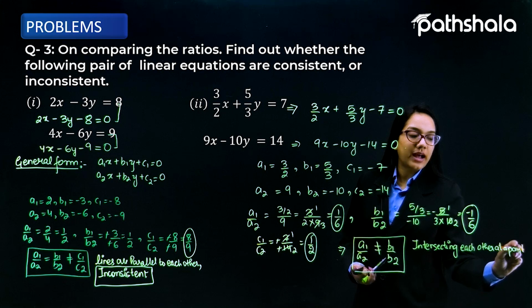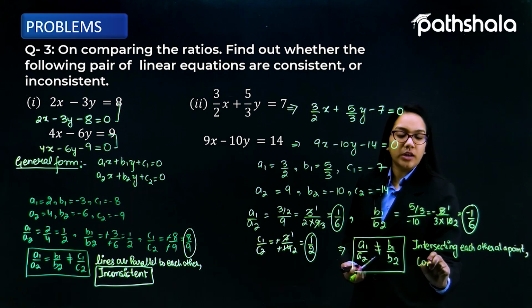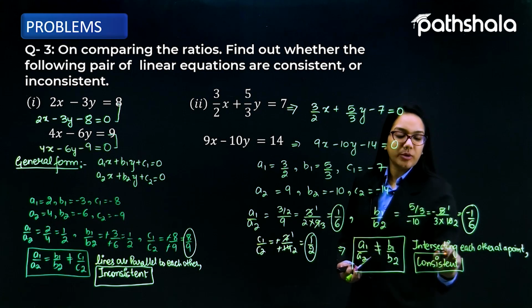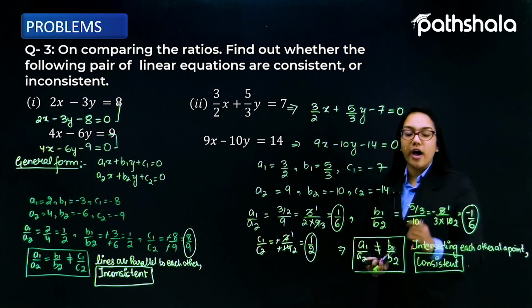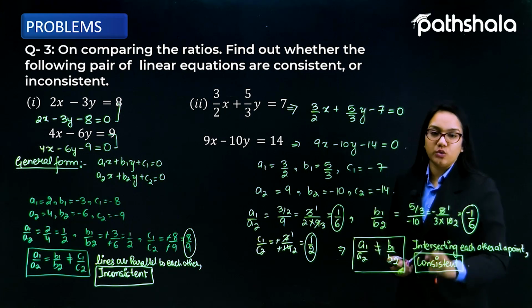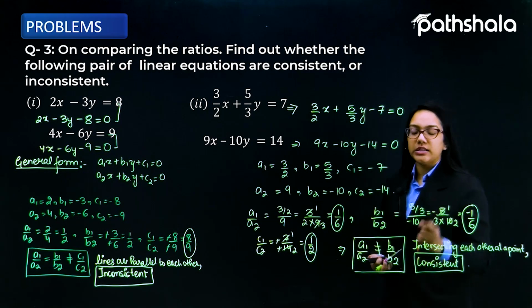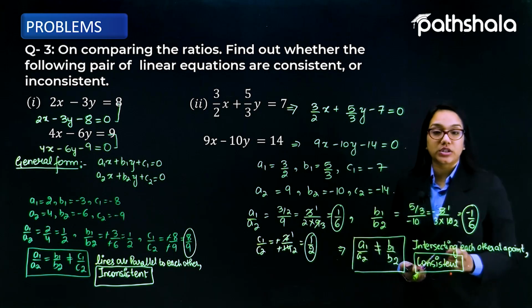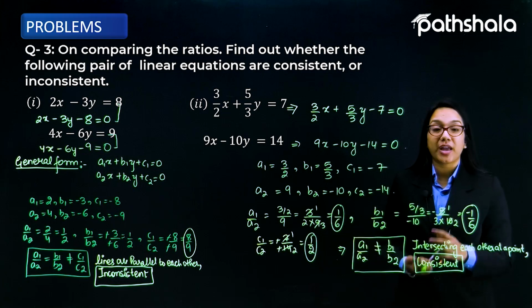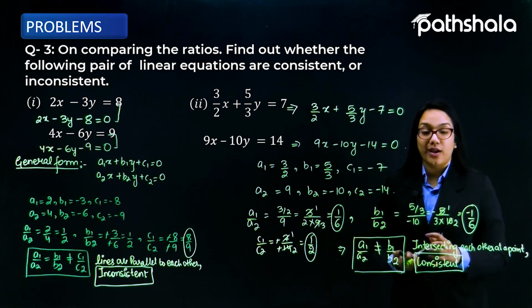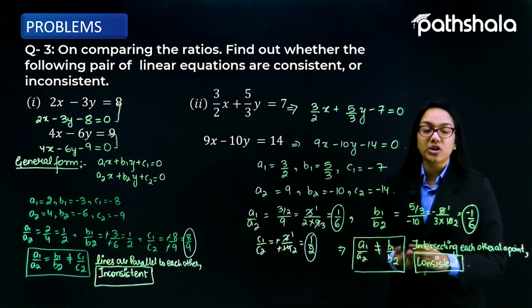It means that this pair is consistent, because it has a unique solution, and thus it is called consistent. So this is all about inconsistent and consistent pairs of linear equations. I hope the solution for this question is all clear to you.